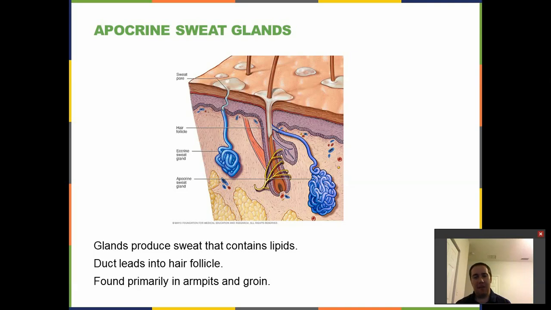Armpits smell, because there are apocrine sweat glands there. Because of the lipids, the smell is primarily from bacteria that eat the lipid, and then they give off a smell. The rest of our skin doesn't have the lipid, and bacteria can't live on salt water. There's no nutrients there for them.